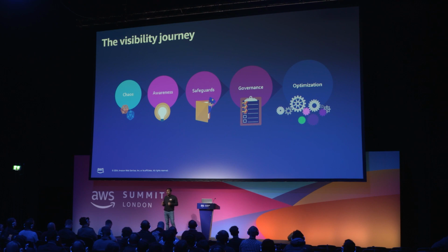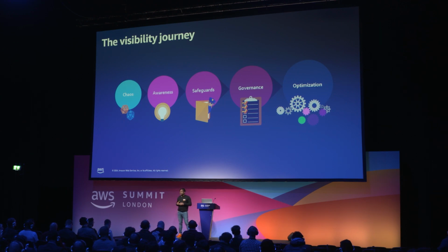The reason why we have optimization at the end is you need to know who runs the specific workload, and have you actually defined the tagging in the first place, and what those applications are. Are they production or non-production? So this makes it difficult to run an optimization program across your organization without all the other steps which I have mentioned earlier.